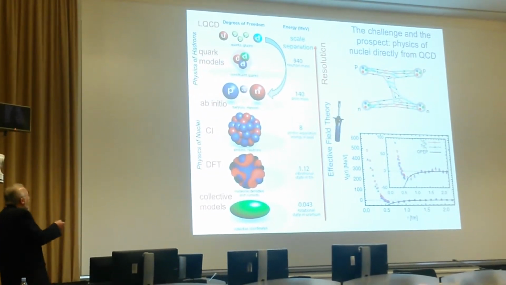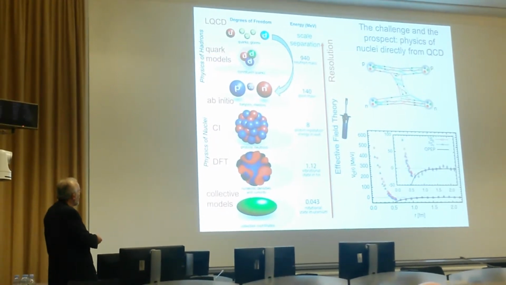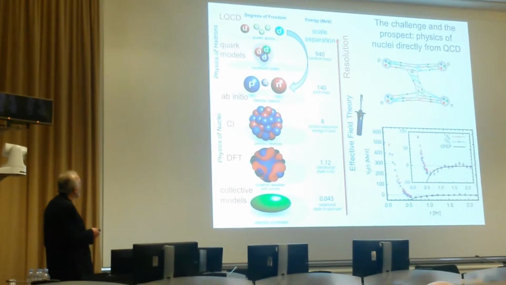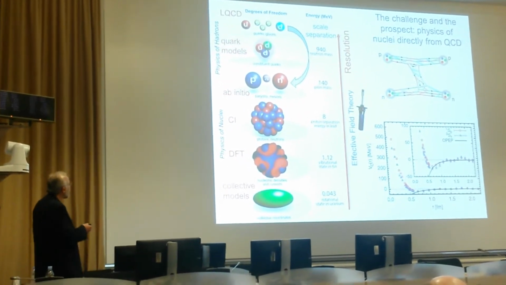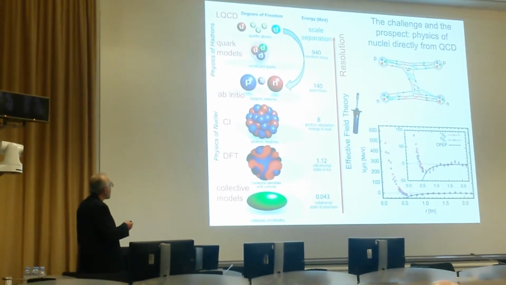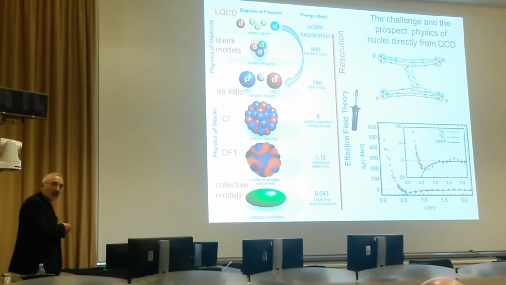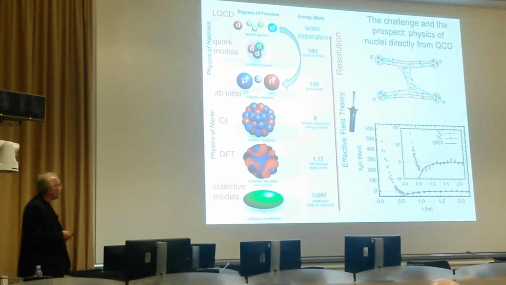Together with integrating out the smallest degrees of freedom going in this direction, the typical theoretical approaches used at every level are lattice quantum chromodynamics, effective quark models, ab initio approaches for nuclear structure, configuration interaction methods such as the nuclear shell model, density functional theory, and collective models.